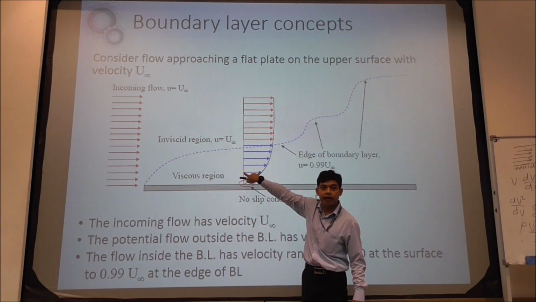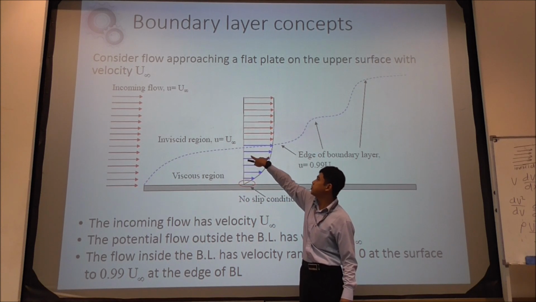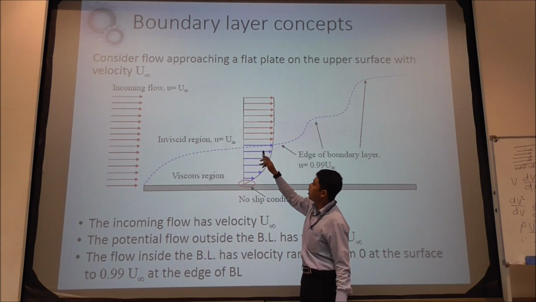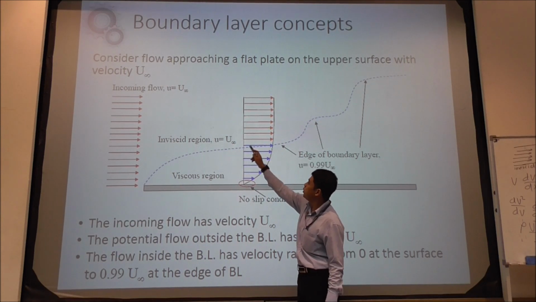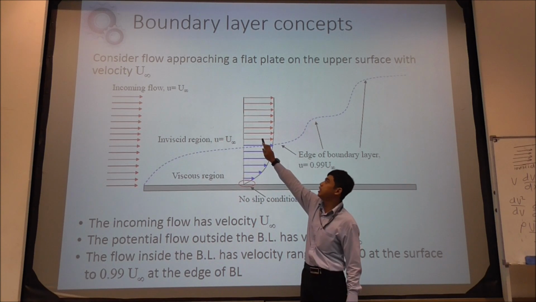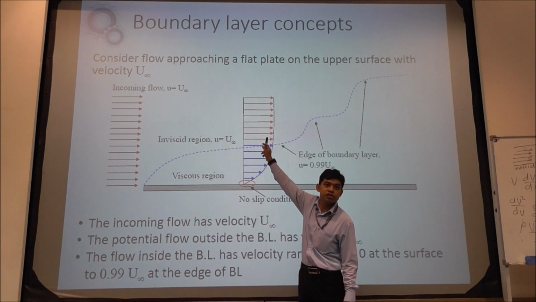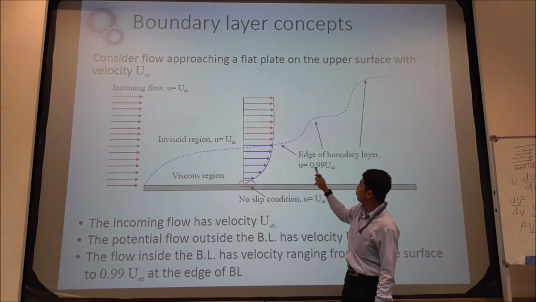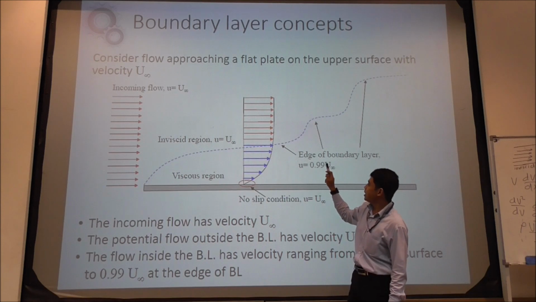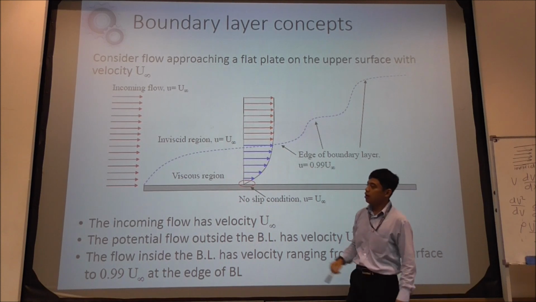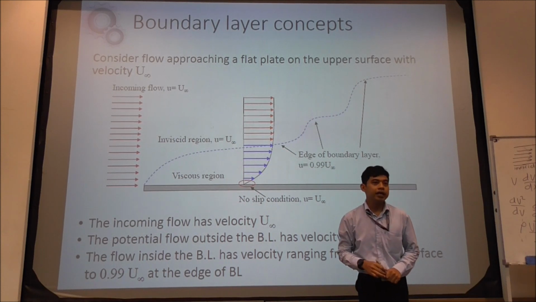Getting higher, higher velocity and higher velocity, until you reach the level where your u will be 0.99 of the initial velocity. The location where you get 0.99 or 99% of u is called the edge of the boundary layer.